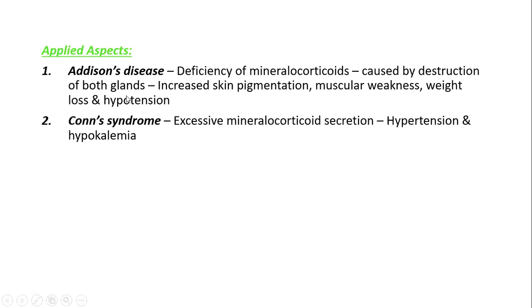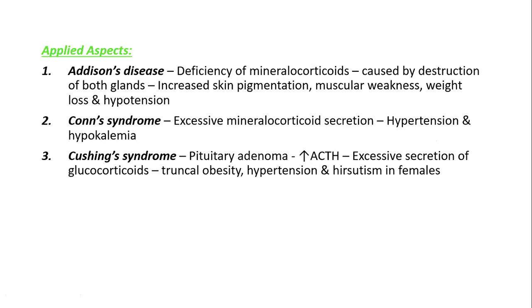Here there is hypertension because of excessive production of the mineralocorticoid, as well as hypokalemia. The function of the mineralocorticoids is regulation of sodium and potassium, but because of the excessive secretion, it leads to hypokalemia, deficiency of potassium.